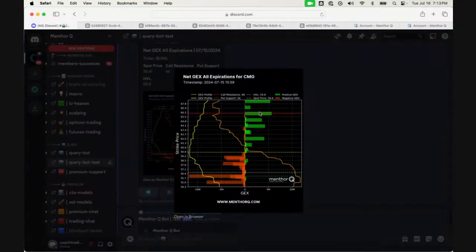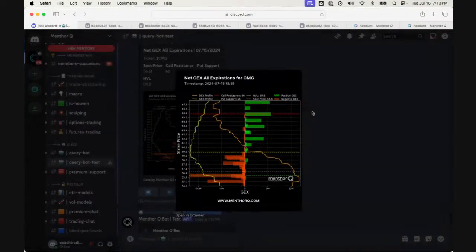So basically, we're trapped down there in the red. We're trapped by those puts. Spot is now, what, 57, 55? Right, so we're kind of trapped by those puts. However, do you have the multi-expiry version?